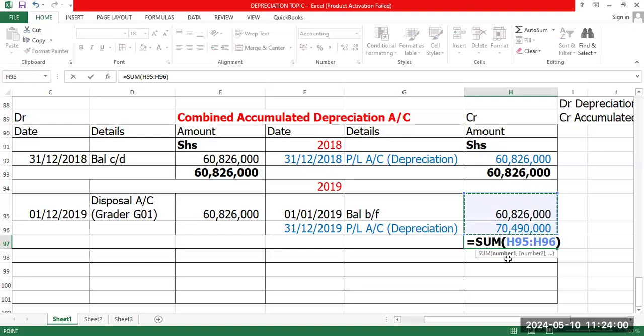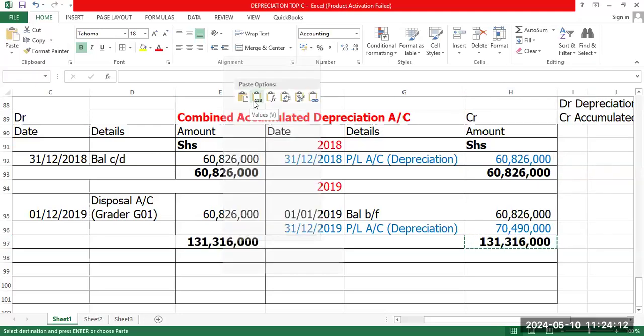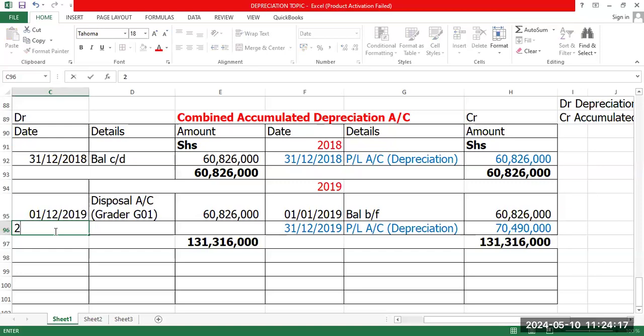Let's put some speed. This session should end at least at around 12:30. What do you get? Yeah, the balancing figure, you're balancing off on 31st December 2019, sorry. And the balancing figure is balance carried down. What is the balance? This one minus this one.